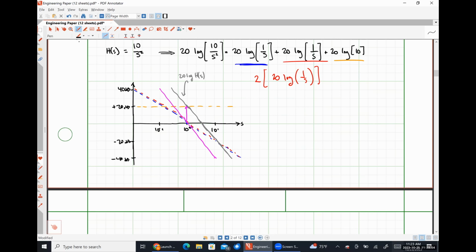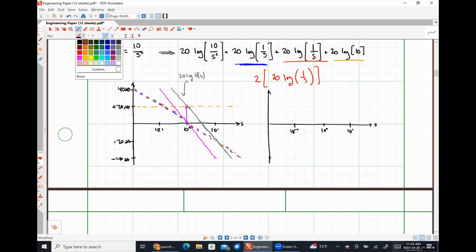What's great about this is that it's going to work literally the exact same way for my phase angle. So here's 10 to the 0, 10 to the minus 1, 10 to the positive 1, and so forth. So for my blue bit, I know that my angle was negative 90 degrees. Let me write negative 90 down here.